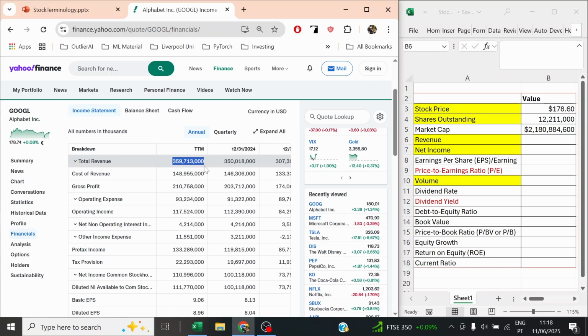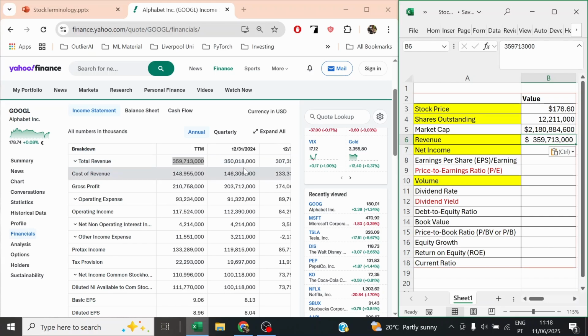In our case, you see, I will just copy and paste, okay, which is $359 billion of revenue in trailing 12 months, TTM. So this number was taken out of the most recent report.